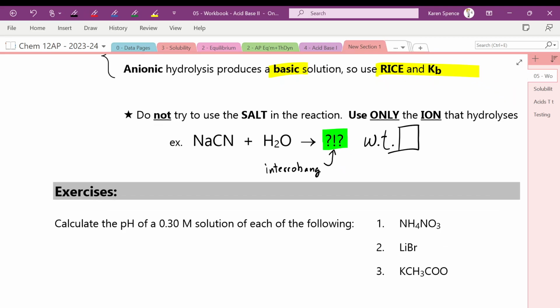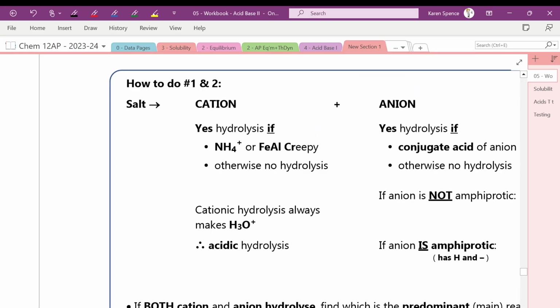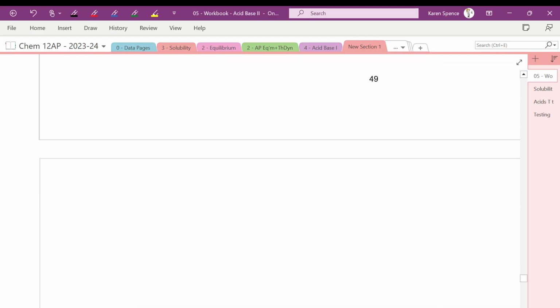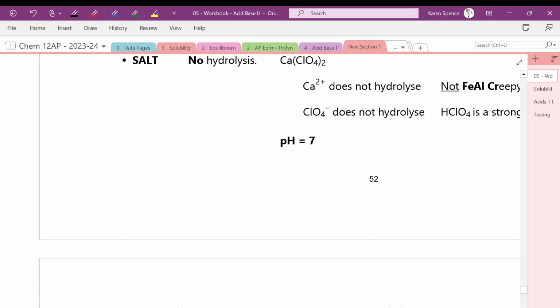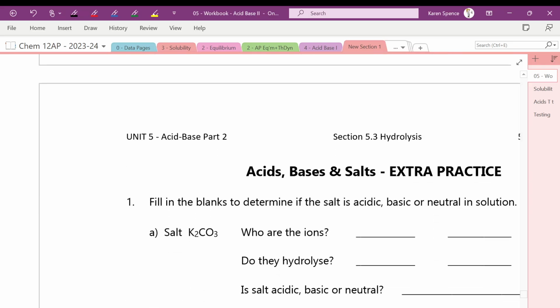Have we hit the end? Okay, we've hit the end of what I'm teaching for this little section. I'm almost finished. 5.4, 5.5 and 5.6 are also almost done.